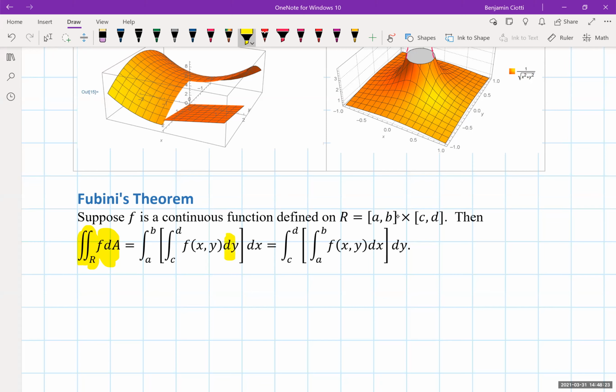You can do it first with respect to y and then x, or first with respect to x and then y. And you should get the same thing either way. By the way, this is a super useful and important theorem. I actually used Fubini's theorem in my dissertation in kind of a big way. So yeah, it's a super important theorem.